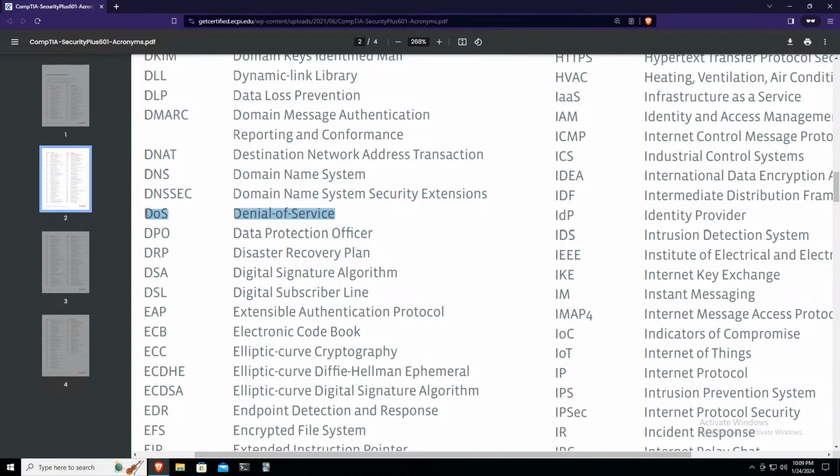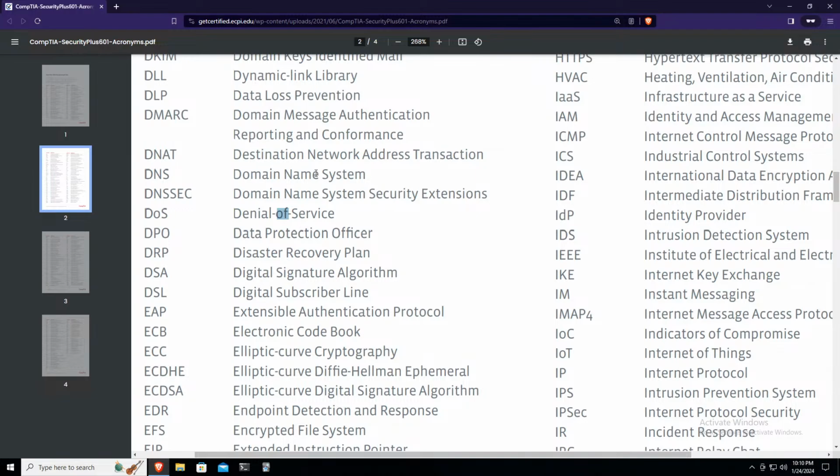A DOS, a denial of service. So a denial of service is when you try to actively hit an endpoint and try to take that service offline. Essentially, you are trying to deny any access to that particular service.